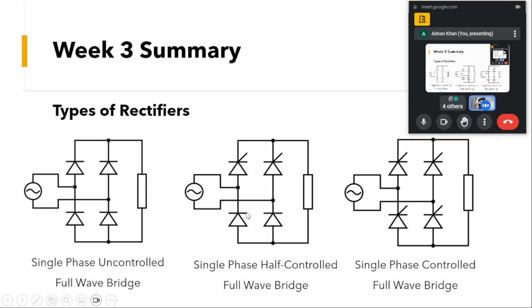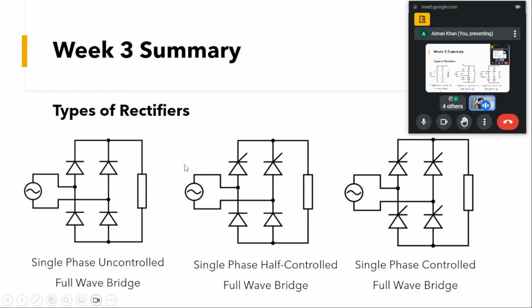Some of the devices used here are controllable and some are uncontrolled. We do have control over the turn on of these SCRs, but we don't have any control over the turn on or turn off of these diodes.